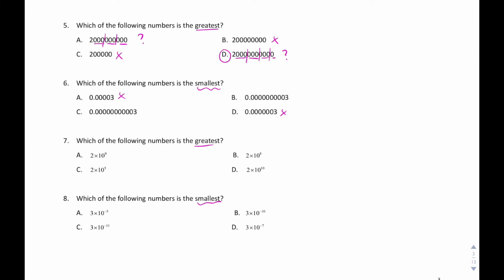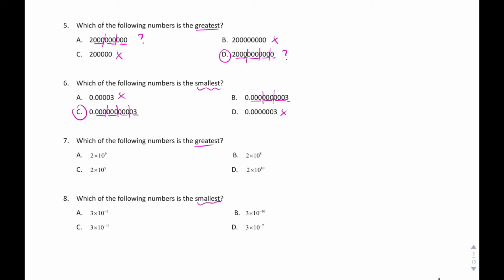For part B, you have 10 places after the decimal point. And for the answer C, you have 11 places after the decimal point. So C is the smallest.